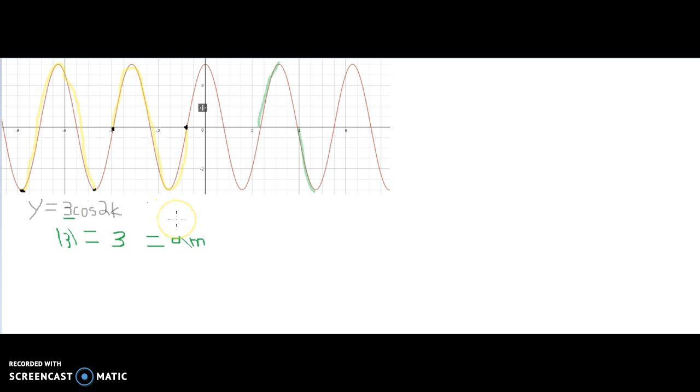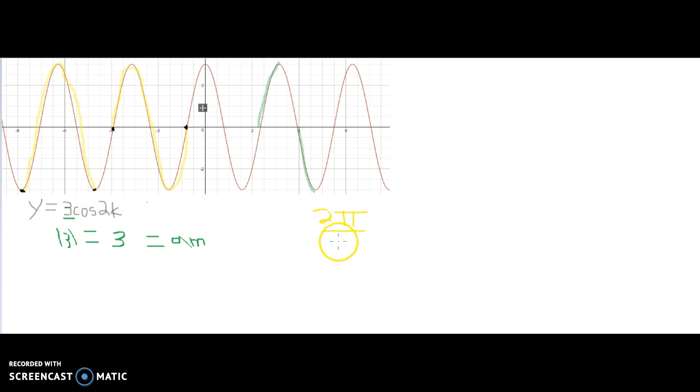Well, we take 2 pi over the absolute value of the coefficient, right? The coefficient in our equation is 2. So what we do is, let me change the color here, we go 2 pi over the absolute value of 2, which is just 2.